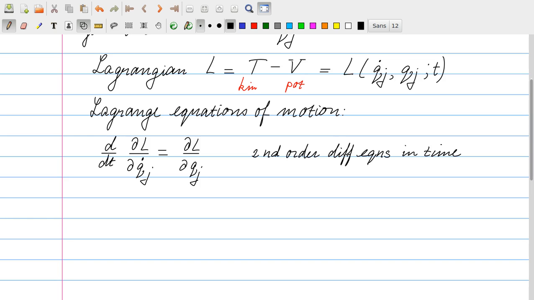From your course on differential equations, you may recall that it's always possible to rewrite a second order differential equation as two first order differential equations, and that's precisely what we will try to do now.